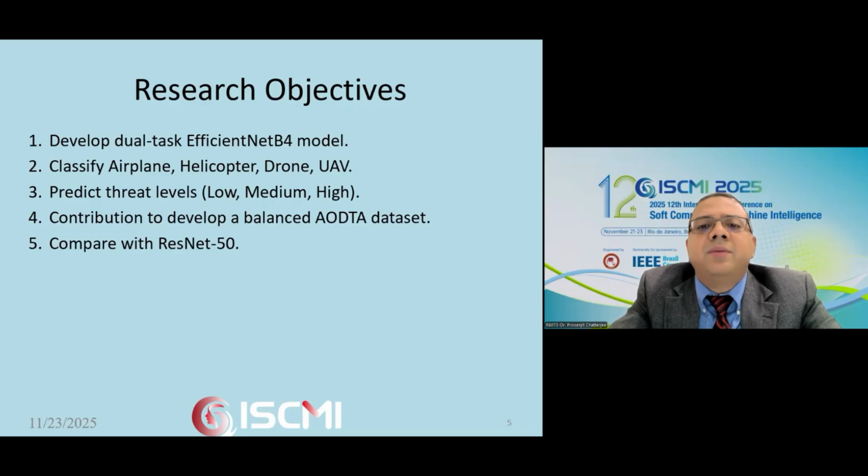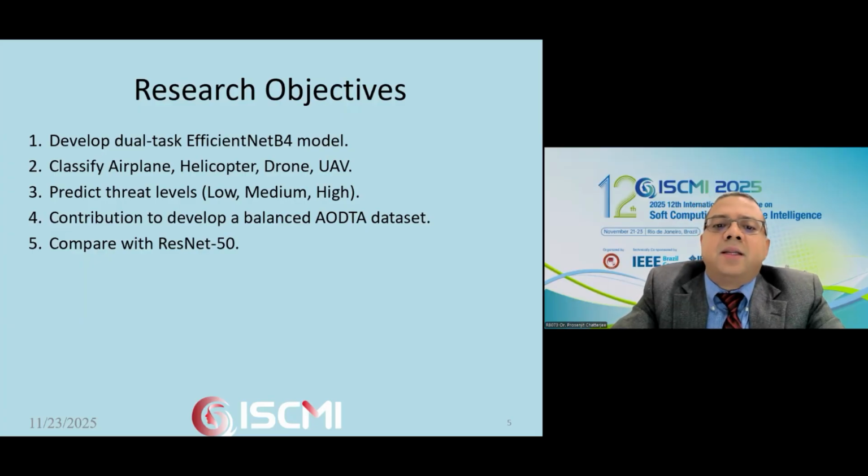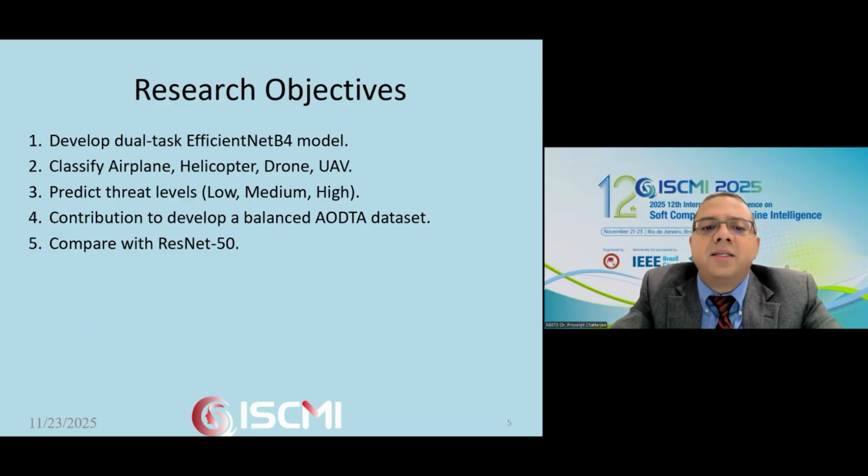Another contribution is to develop the AODTA dataset, the Airborne Object Detection and Analysis dataset, a new balanced airborne dataset. Additionally, we compared our results with the performance of ResNet-50, which is a very popular convolutional neural network and very good in image classification.